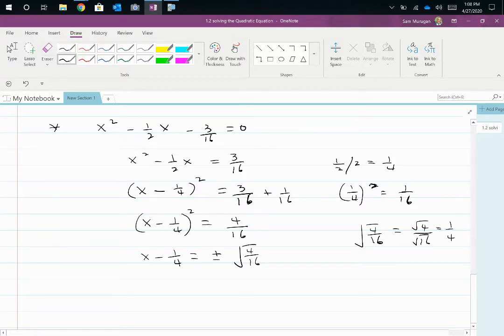Sorry, 2/4, which is 1/2. So now we've got x minus 1/4 equals plus or minus half.